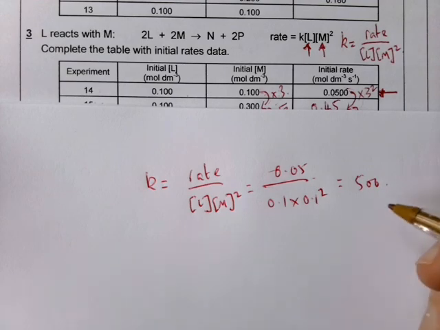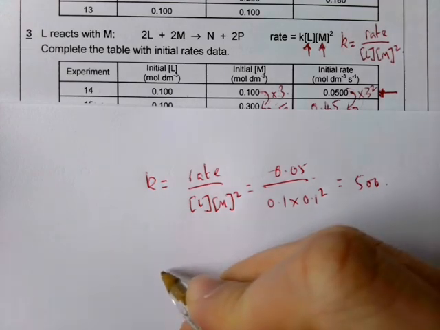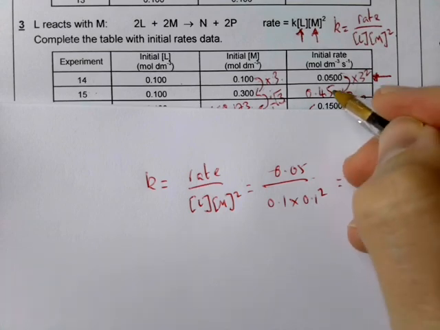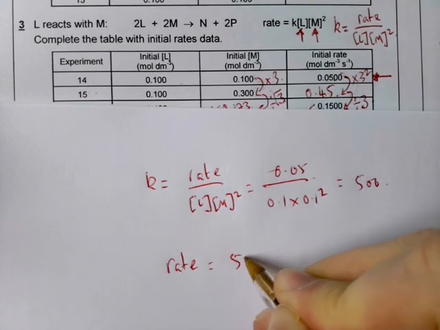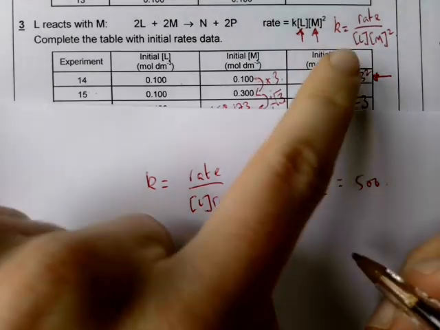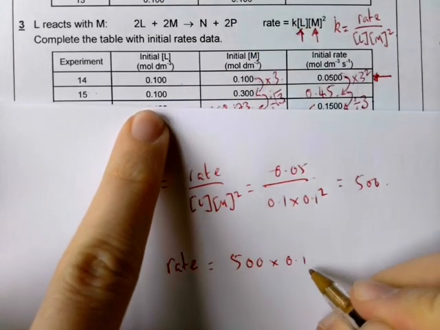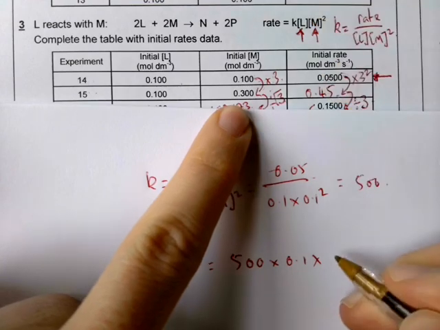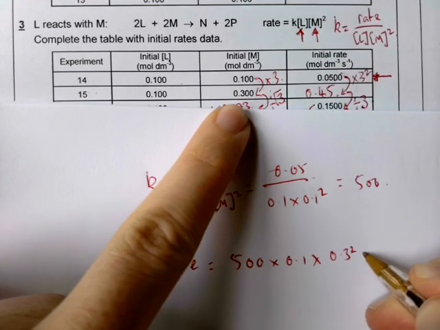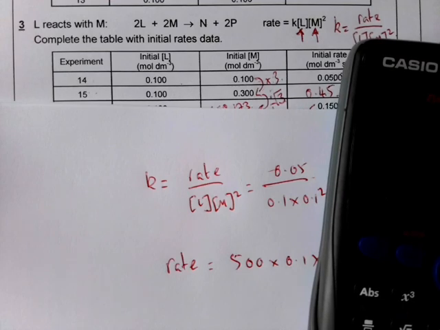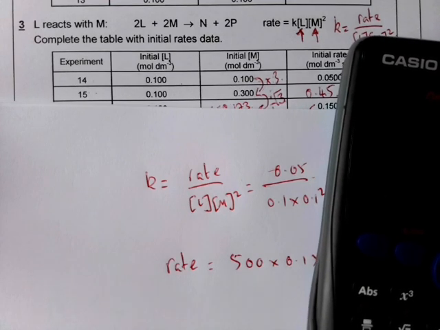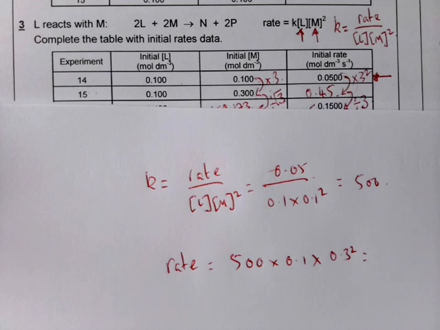All right. So now if I do the next one here, I know that rate will be 500 times my concentration of L, 0.1, times my concentration of M squared, 0.3 squared. So if I do 500 times 0.1 times 0.3 squared, I get 4.5, which is not right.